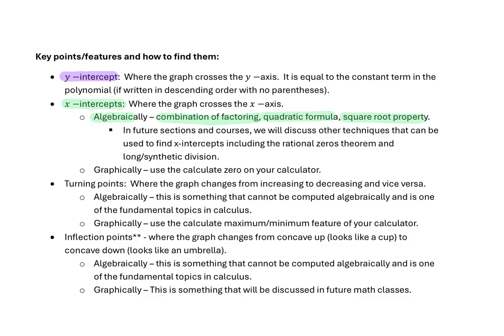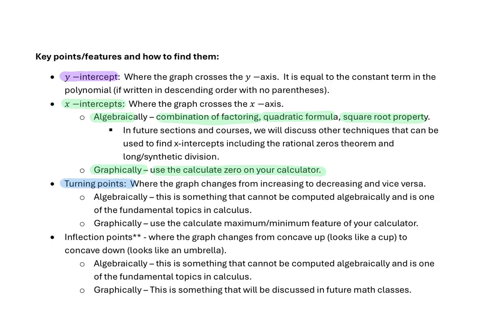All right, we can also do this graphically. And graphically, what we can do is use the calculate zero on our calculator in order to find these if they are not nice. In the previous video, we talked about turning points. And so remember, turning points, this is where the graph changes from increasing to decreasing and vice versa.